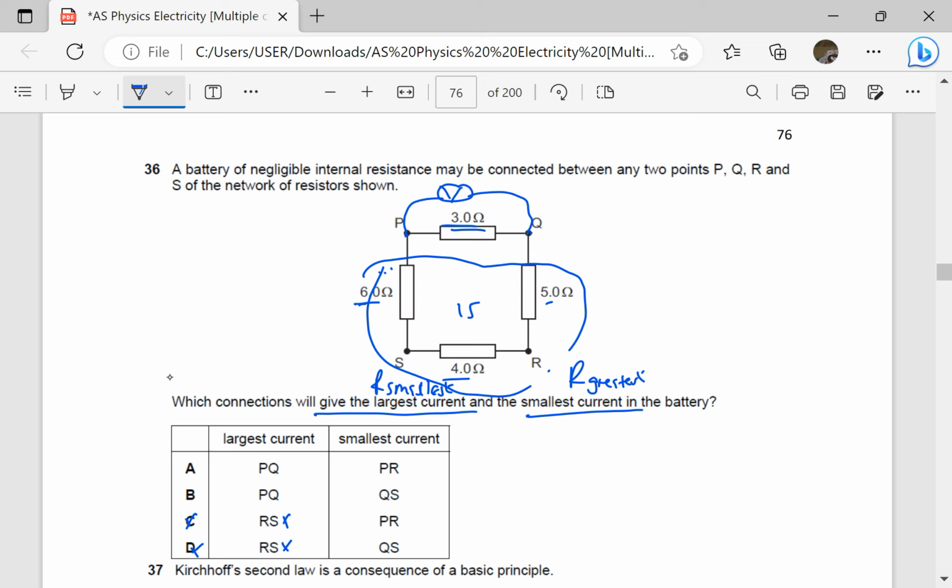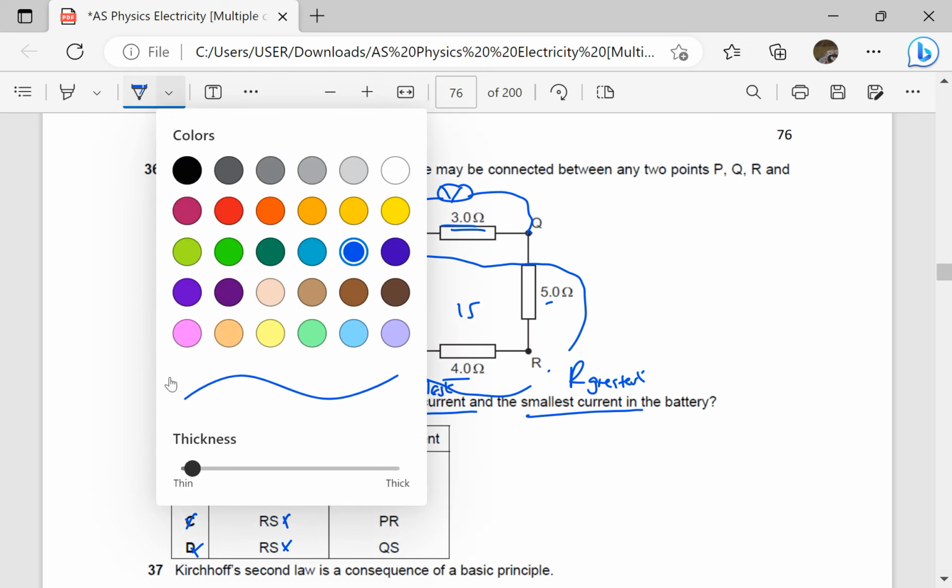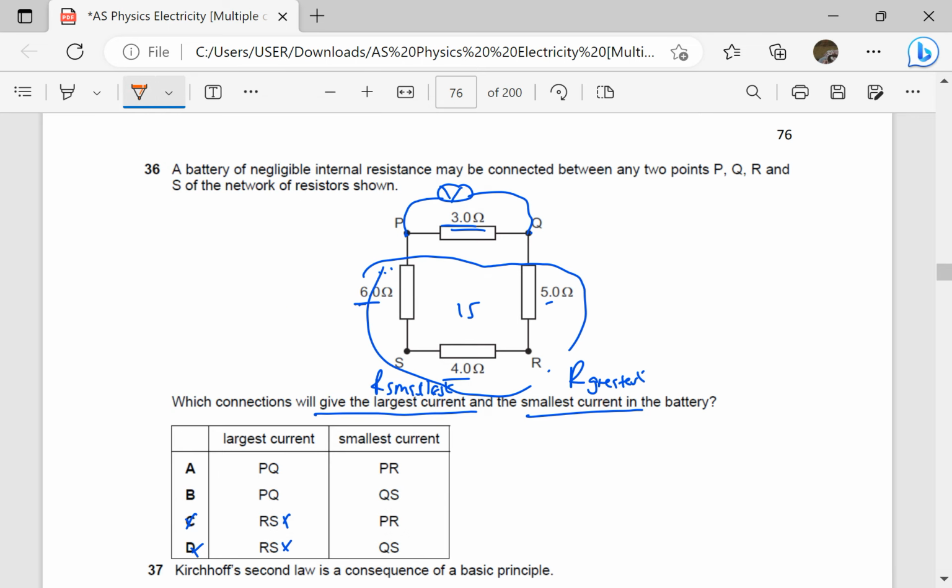And we have options. The easiest option would be, I will use a different color for the same diagram, to connect across S and Q here. The easiest connection will be between Q and S. Why?